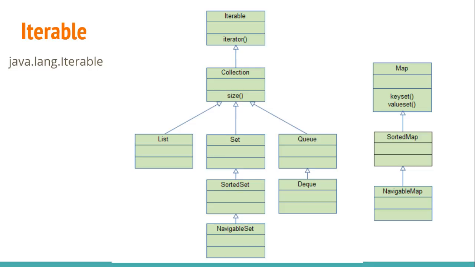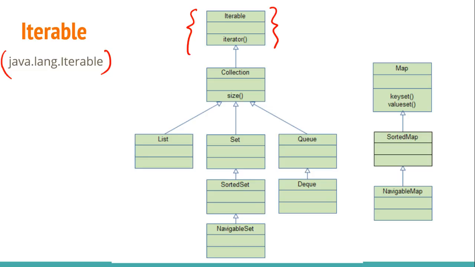All right, cool. So moving on with Iterable. As you can see in the diagram that I have kept here, Iterable is the root interface of our collection framework. This Iterable interface is in the java.lang.Iterable package, and it provides you with the methods and techniques to iterate over all the collections that are there.